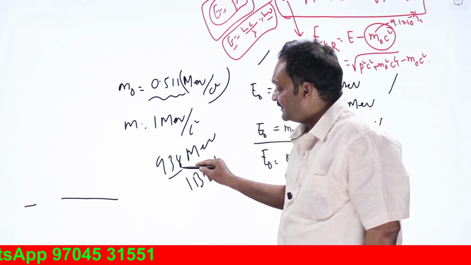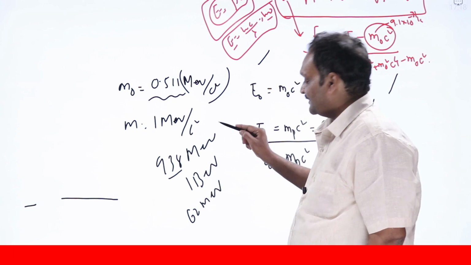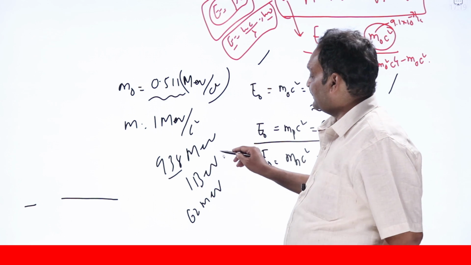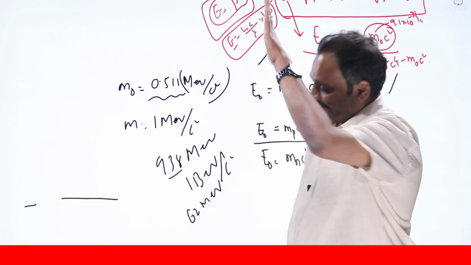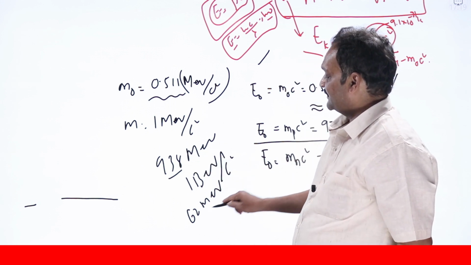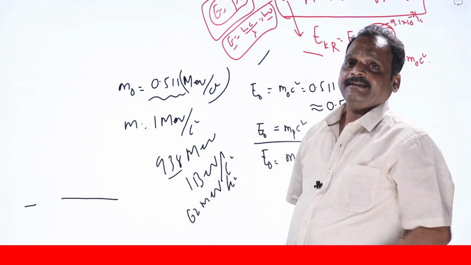The remaining 62 MeV is the kinetic energy of the proton. So a proton mass of 1 BeV by c square means the proton is not at rest, it is in motion. Its kinetic energy is 1000 minus 938, that is 62 MeV, and 62 MeV by c square is its extra mass because of its kinetic energy.